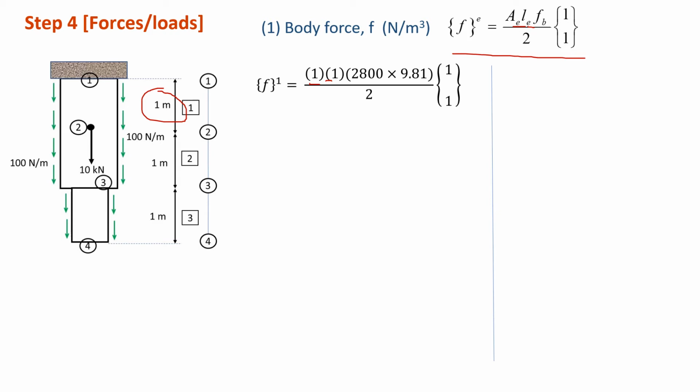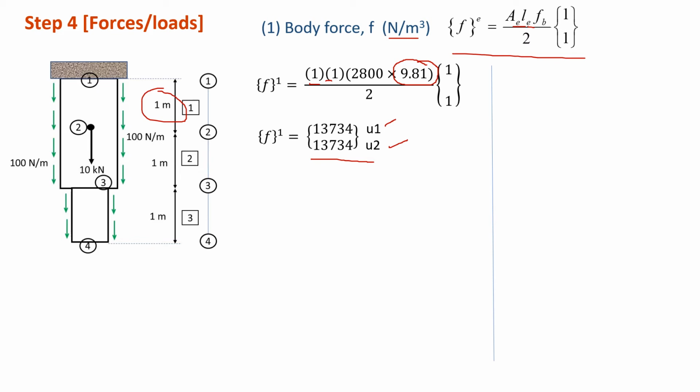To convert into Newton, we just multiply with gravity, so that we obtain Newton per meter cube. Using this equation, we can solve for body force of element 1. Then we obtain this value. Take note that element 1 is between U1 and U2.